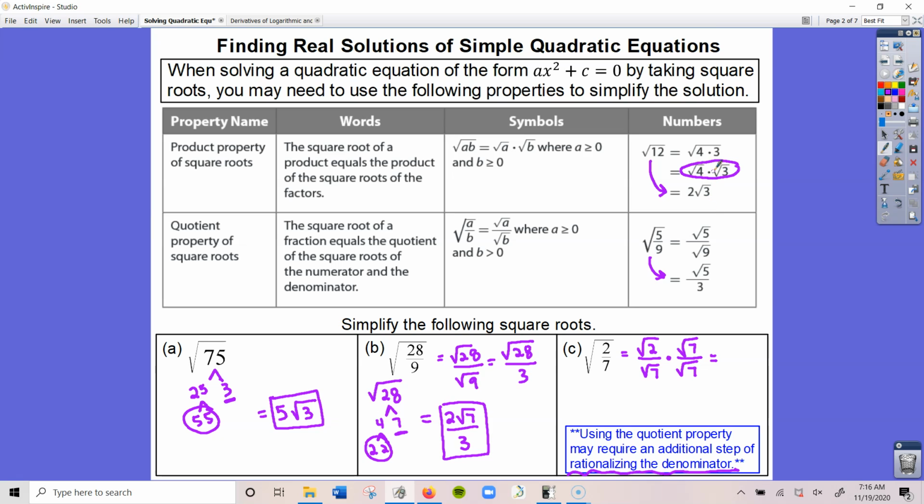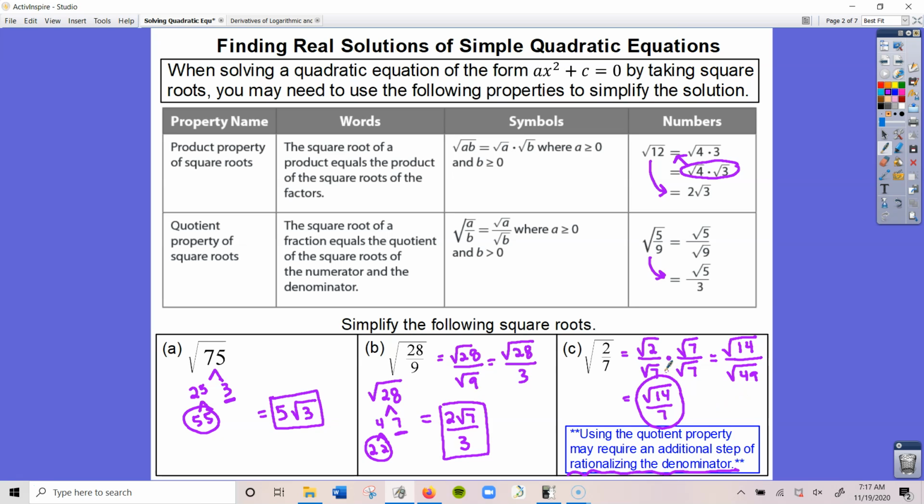The square root of 4 times the square root of 3 is the square root of 12. So if I have the square root of 2 times the square root of 7, that is the square root of 14. Over the square root of 7 times the square root of 7 is the square root of 49. But I know the square root of 49 is 7. So this is the way that I would rewrite the square root of 2 over 7.